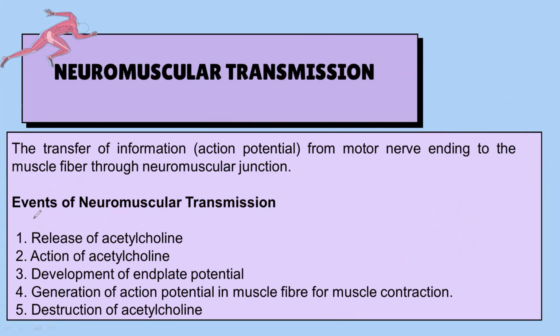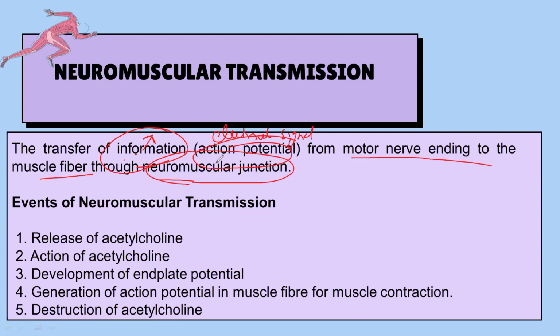Now the neuromuscular transmission. So there is a transfer of information from motor nerve ending to the muscle fiber through this neuromuscular junction. But this information is in the form of electrical signals, and we know that this electrical signal is called action potential.